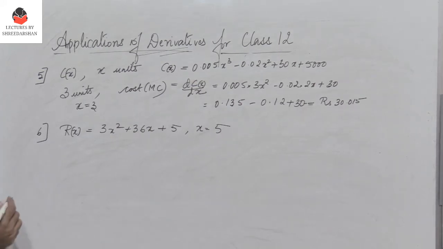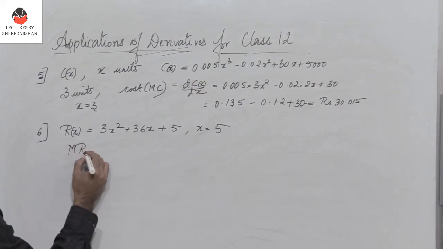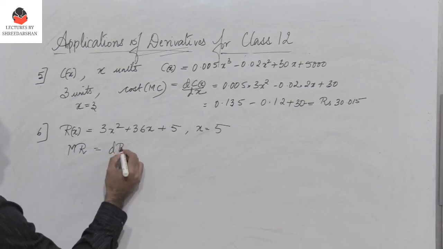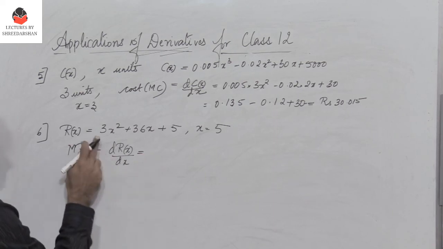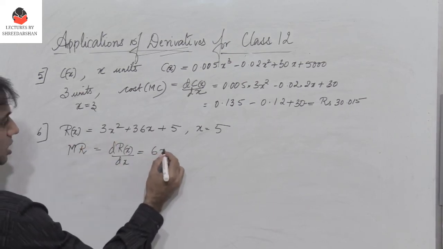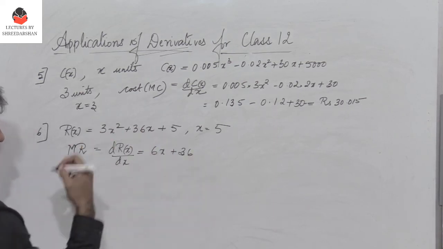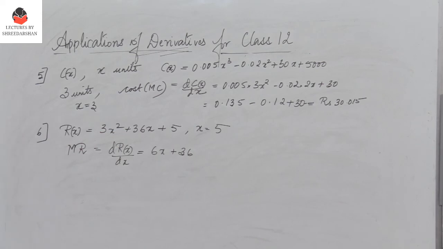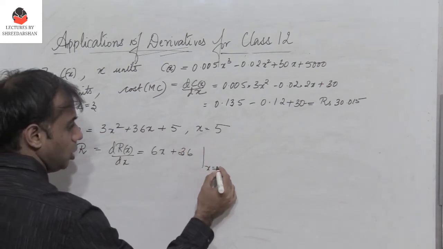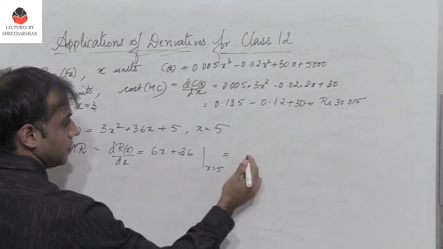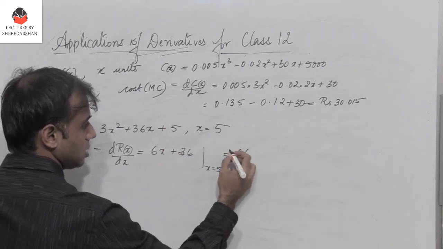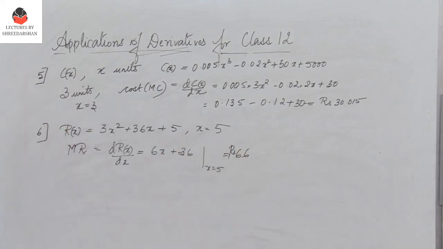Okay, so of course the marginal revenue is obtained by differentiating R of x with respect to x. So I get 3 into 2x, which is 6x plus 36. Okay, so now of course we need to put the value of x equal to 5. So I get 6 into 5 is 30 plus 36 is 66. So I have rupees 66, which is the answer.